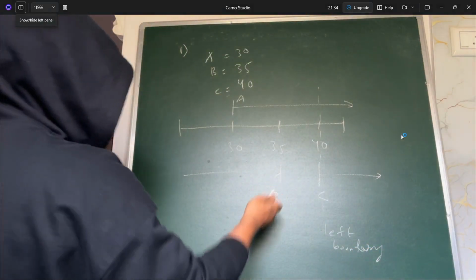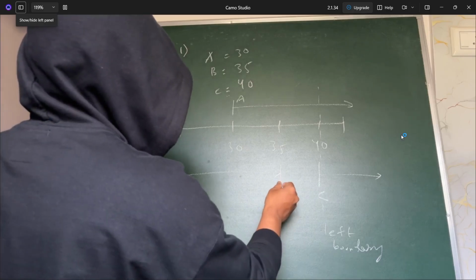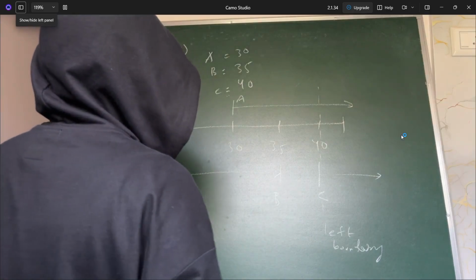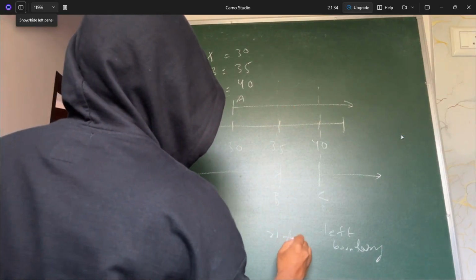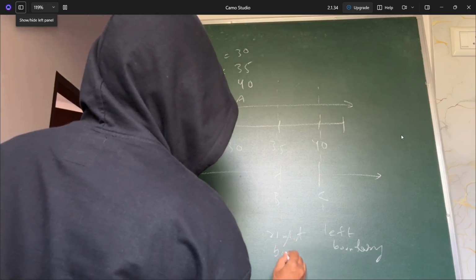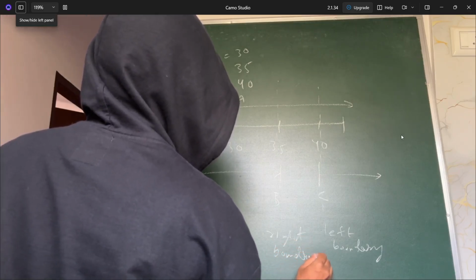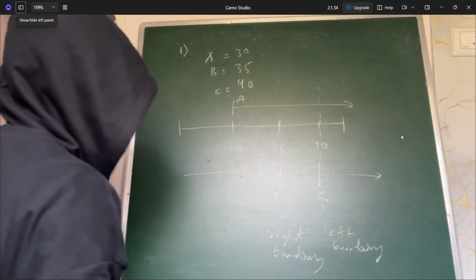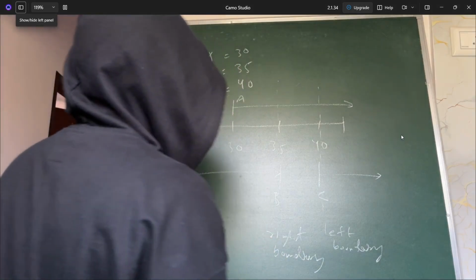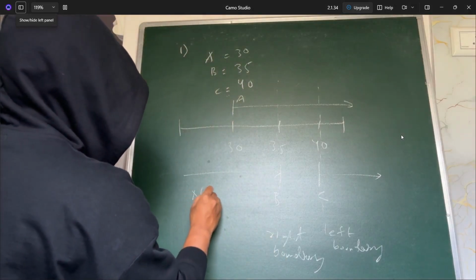But Bob is saying the temperature has to be at most 35, not more than that. So this is our right boundary. Left boundary is on the right side and right boundary is on the left side, so in this case we are not able to do that. We will have to return no.